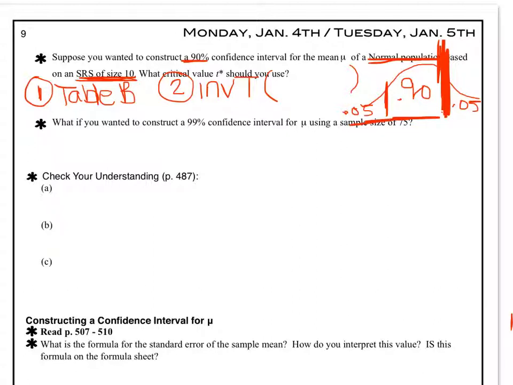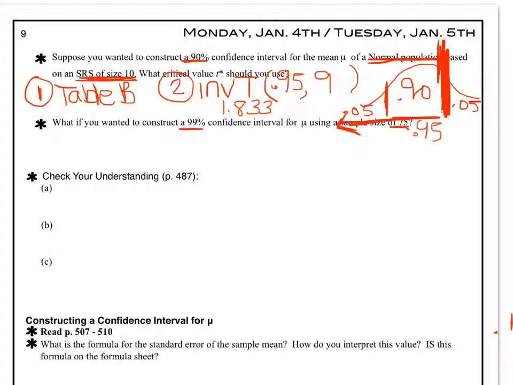So I figure out the area from there to there, which is 0.95, and I enter that in first, and then I press comma, and then I have to put in my degrees of freedom. Because my sample size here is 10, my degrees of freedom is one less than that, which is 9. And so it would give me a t-star value of 1.833.